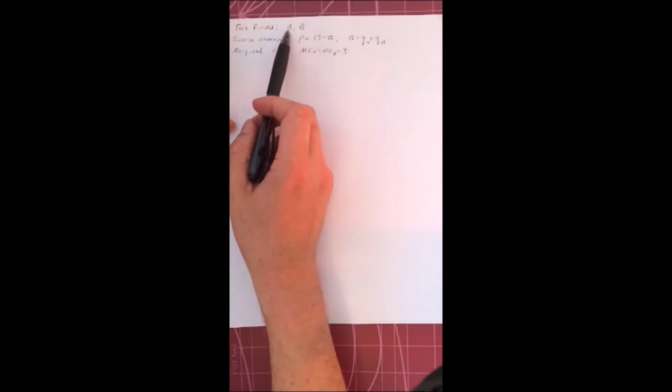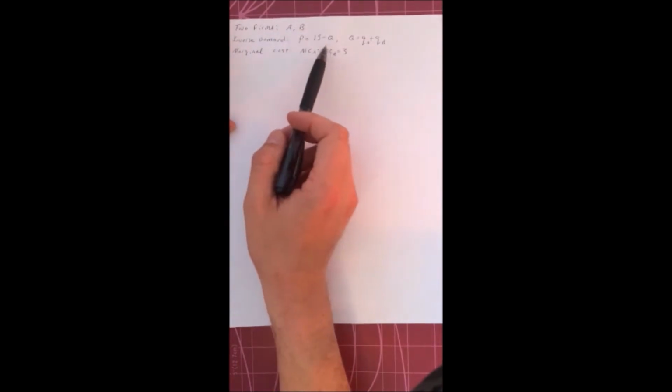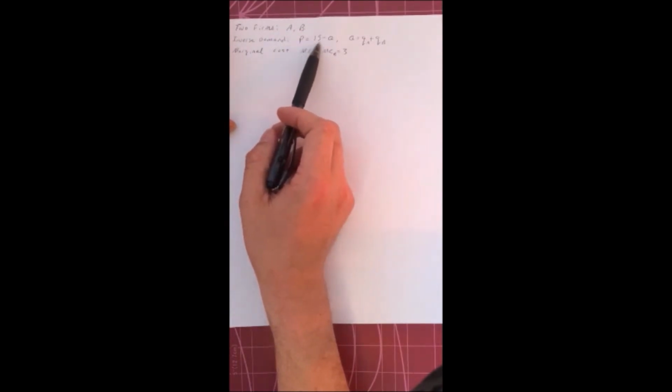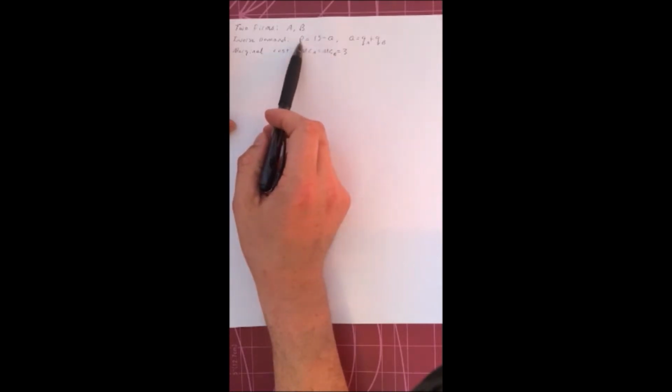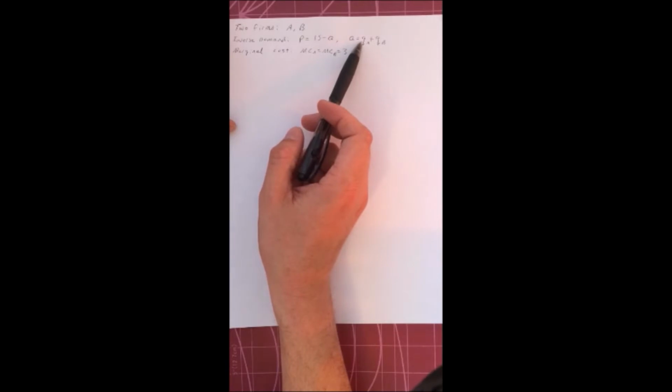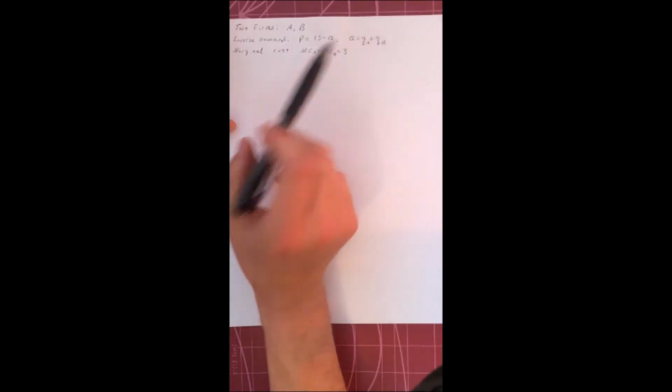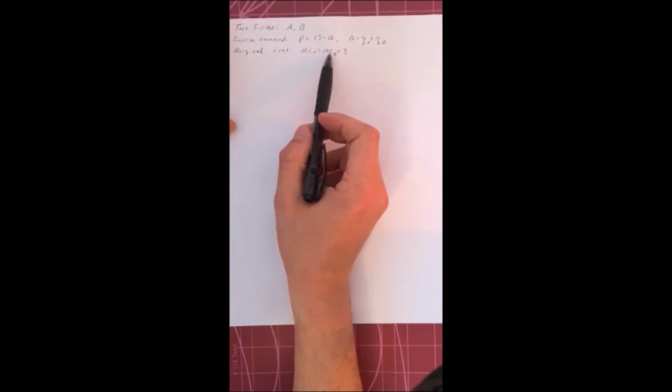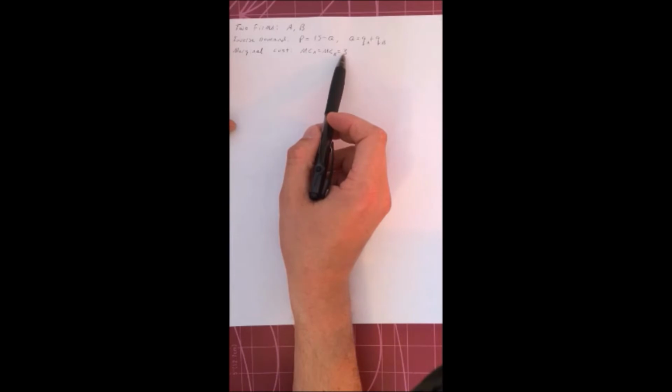So the situation that we're looking at here, we have two firms, firm A and firm B. Inverse demand is given by this expression here, P equals 15 minus Q. You can see that the price is decreasing in the amount of quantity that is produced, and the market quantity is the sum of the quantities produced by firm A and firm B. In this example, they have equal marginal costs, and the marginal cost is 3.